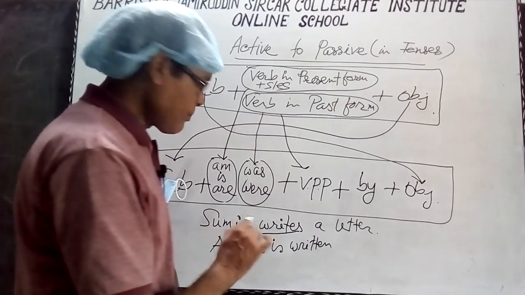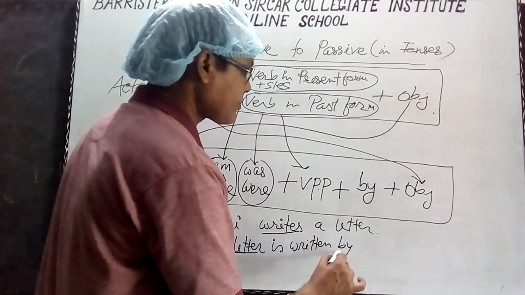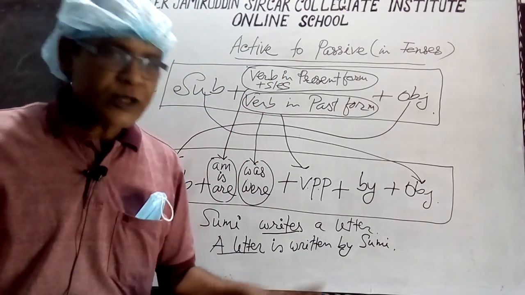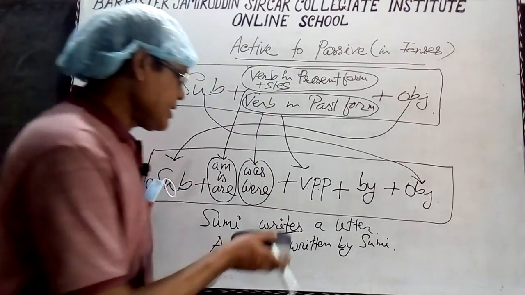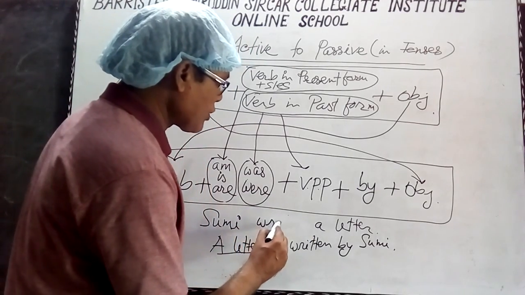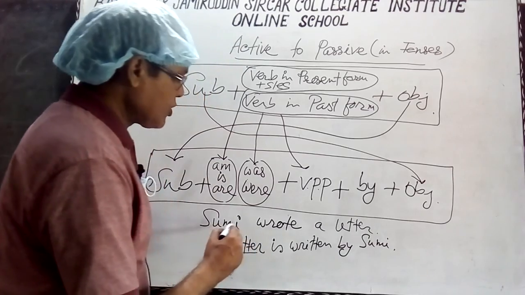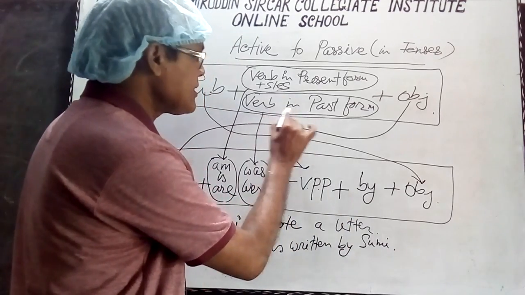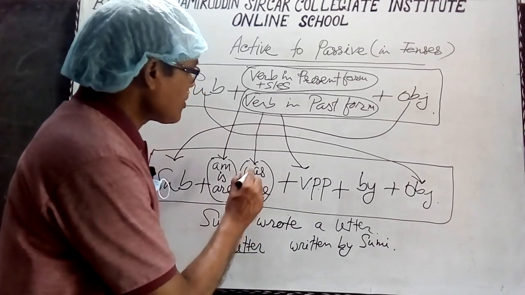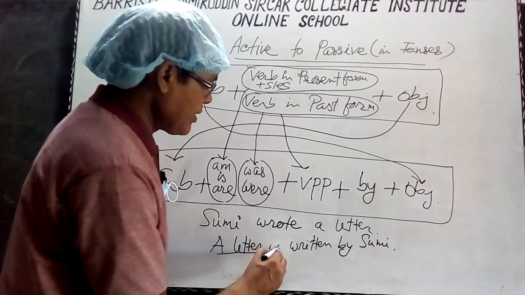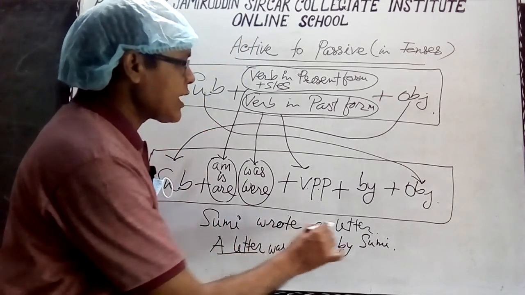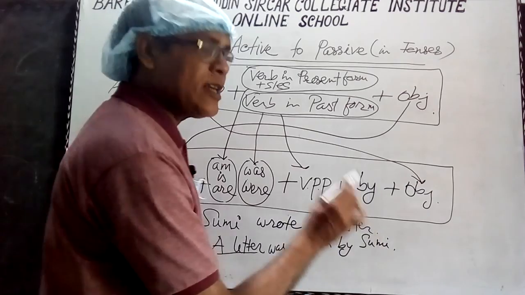And Shumi, by Shumi. And if we change it into past indefinite tense, Shumi wrote a letter, then it is the past indefinite tense. So the auxiliary verb was or were. So a letter, third person singular number, so was. Shumi wrote a letter. A letter was written by Shumi.